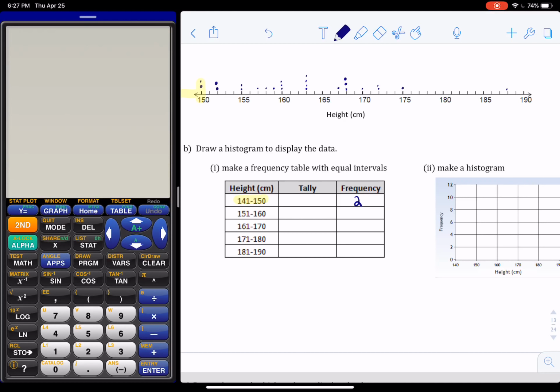And we can put 2 tallies. It depends. If you're doing ones that have really big numbers, you don't really have to put the tallies. Then next, we're going to look between 151 and 160, and I see 10. And then we can put the tallies if we want to.